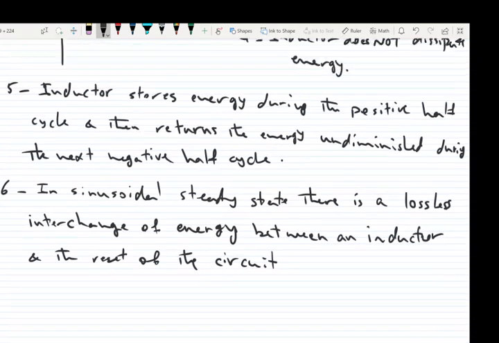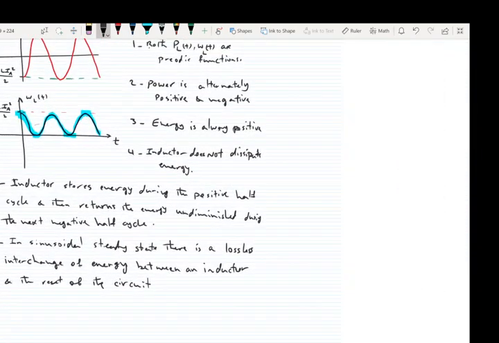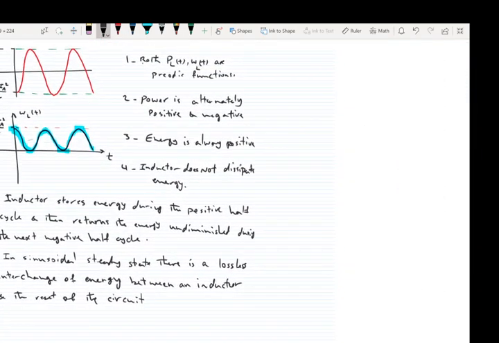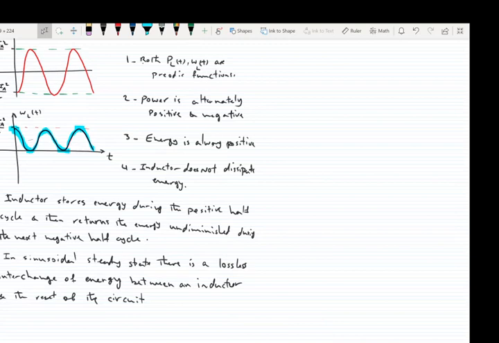Okay, so these are six conclusions that we have based on the energy and power in an inductor in a sinusoidal steady state circuit.